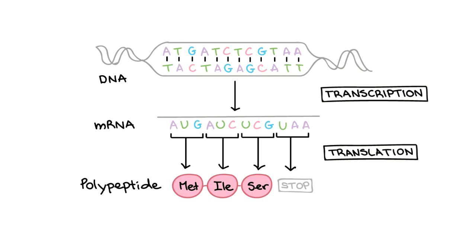Okay, let's remind ourselves a little bit of what we talked about yesterday. Remember yesterday that we said the central dogma: I take my DNA, which is my genetic information that tells me everything that happens in my cell, and ultimately I turn it into a polypeptide, or a protein.